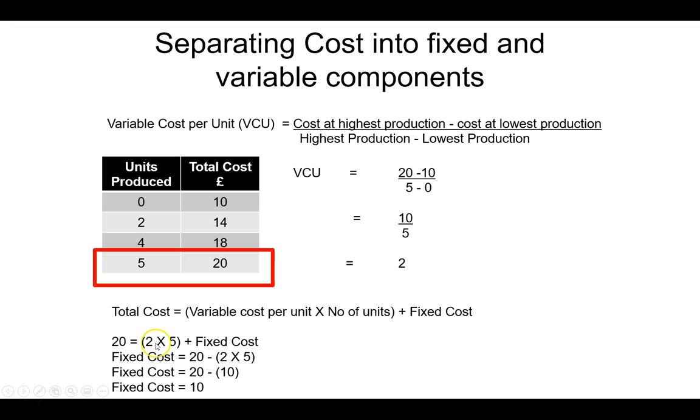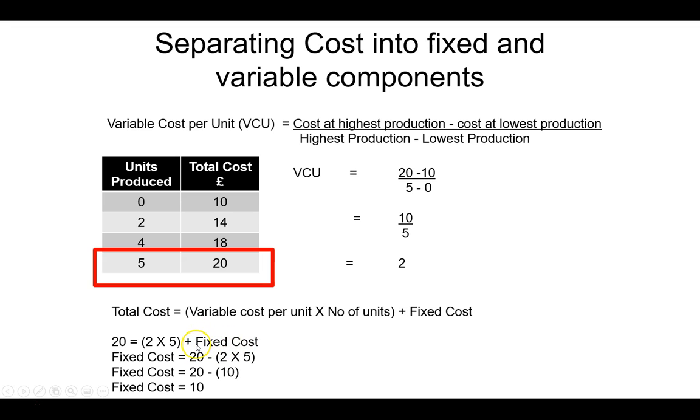So 2 times 5, that will give us our variable cost plus the fixed cost. So we know the variable cost to be 2 times 5 based on this. Total cost we know is 20. So we put 20 here equals the 2 times 5 plus the fixed cost. We don't know the fixed cost here.